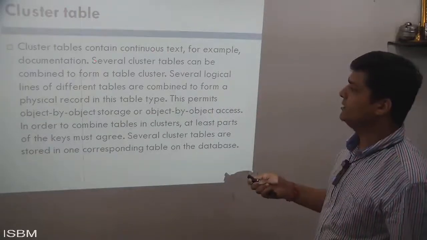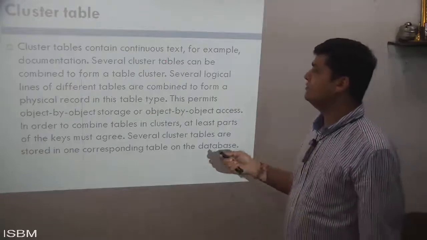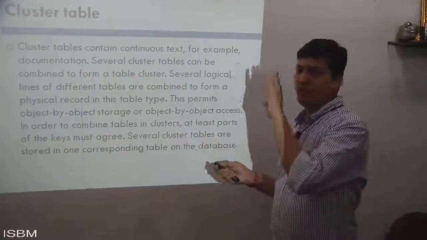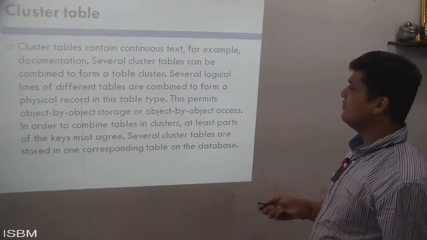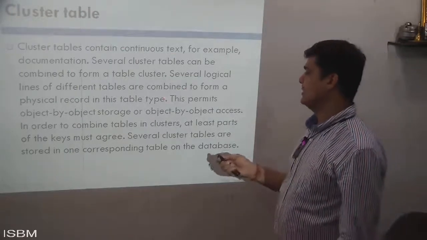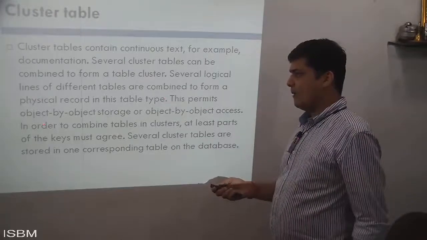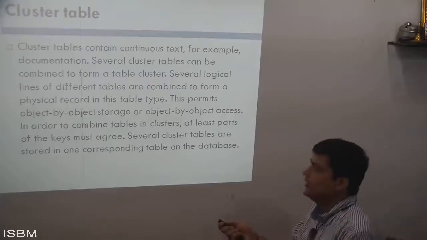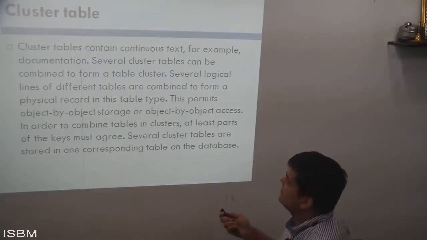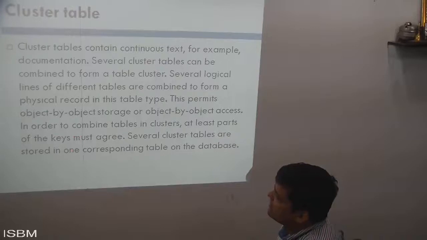For example, documentation. Several cluster tables can be combined to form a table cluster, just like a table pool. Several logical lines of different tables are combined to form a physical record in the data table type. This permits object by object storage or access. In order to combine tables in a cluster, at least part of the keys must agree.